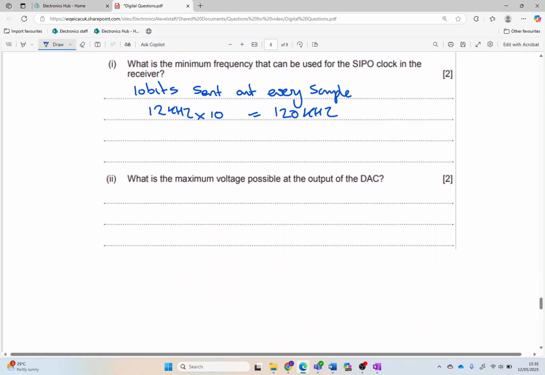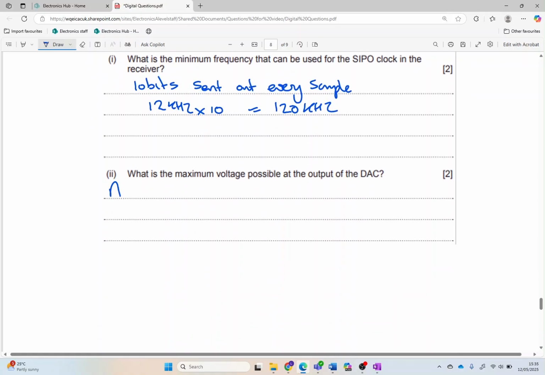Right. So remember, this is a digital analog converter. So therefore we've got 2 to the 10 number of levels, which equals 1024. But there's only 1023 above 0.